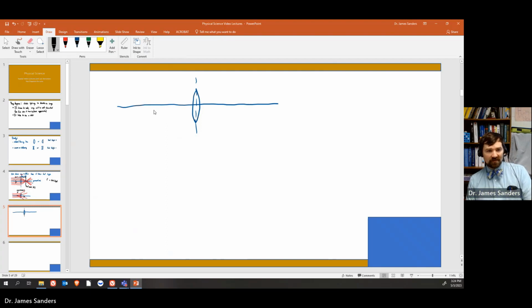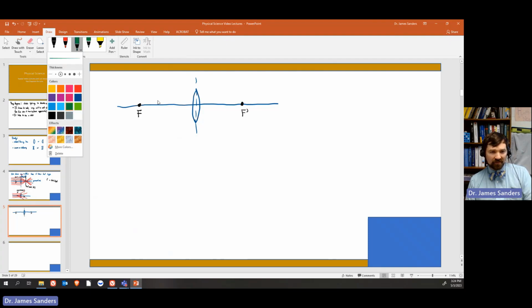You put your focal point and your opposite side focal point. So F and F prime. And then you put your object. Let's actually put our object, just for the fun of it, in green. So maybe I happen to choose this location right here to be my object.